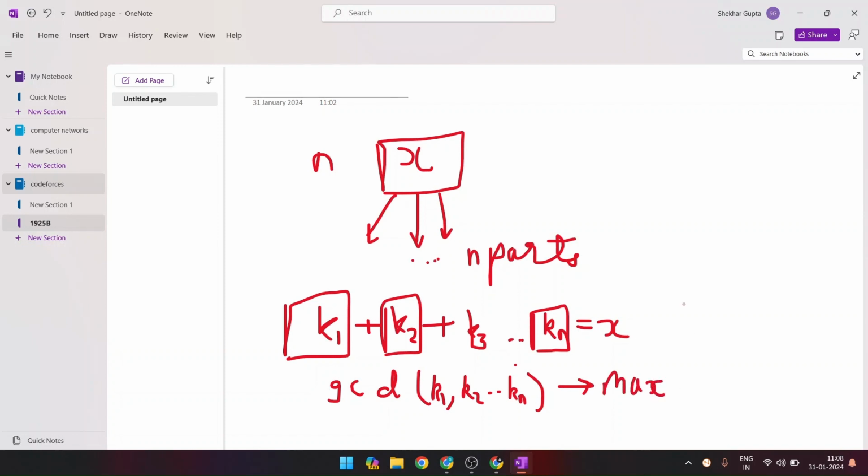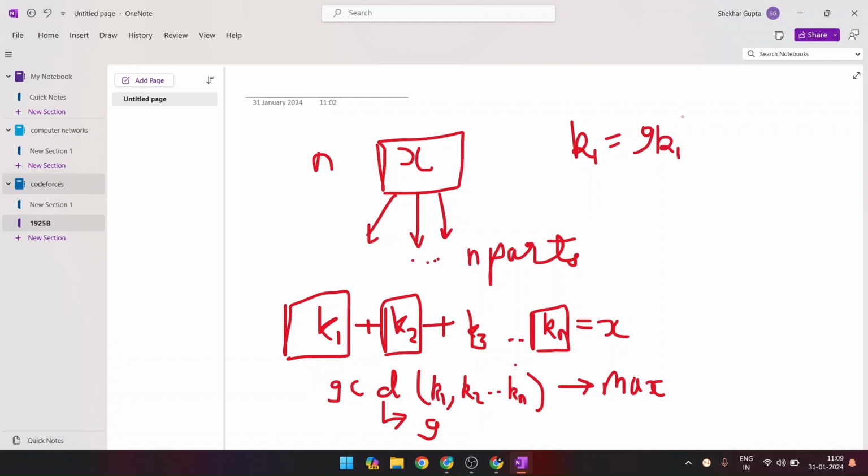So first understand one thing. If we take the GCD of k1, k2, up to kn, let's say we call this GCD g. So we can write this k1 as g into k1 dash, right?